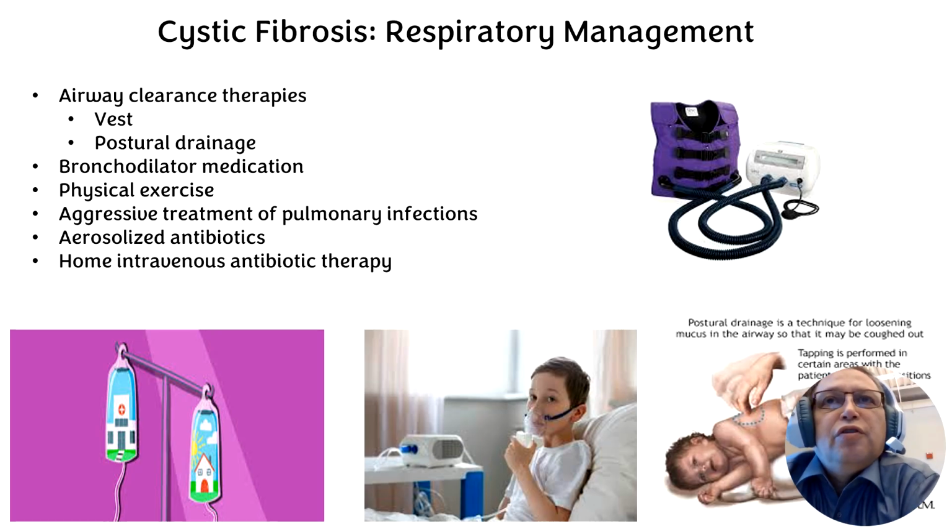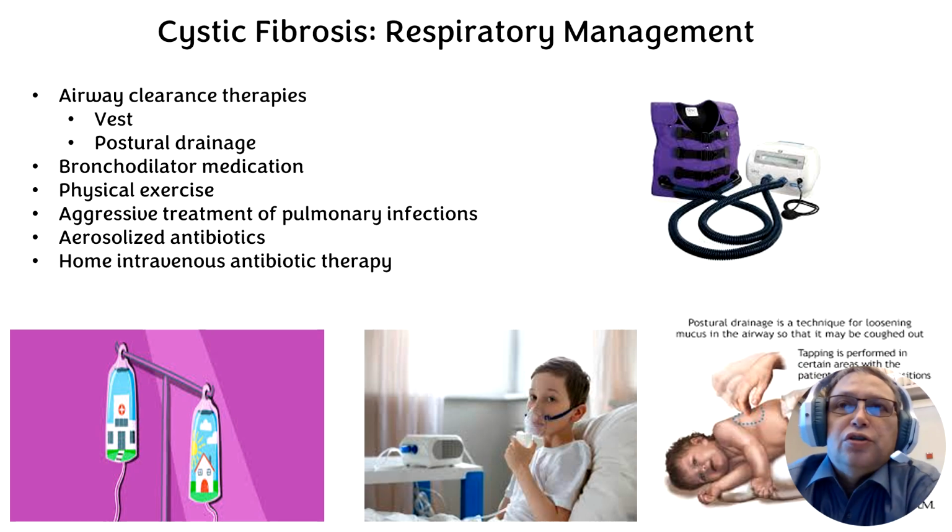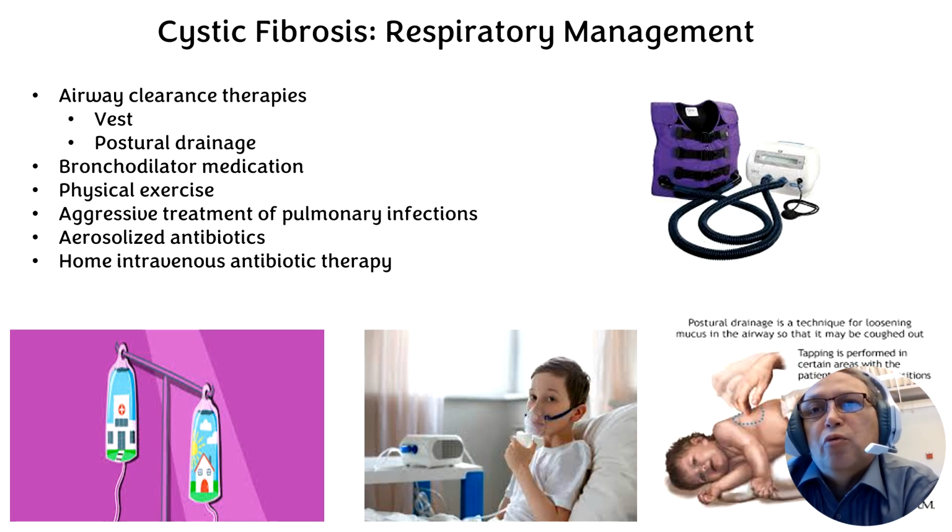So with cystic fibrosis respiratory management, on the right is a percussion vest. It's a pneumatic device which actually packs pounds on the back of the chest of the child, and adult now, causing the mucus to break free from the walls of the respiratory tract. And then when you flip the child into what they call a pulmonary toileting position, or a head down position, it allows the mucus to be expressed through the mouth.